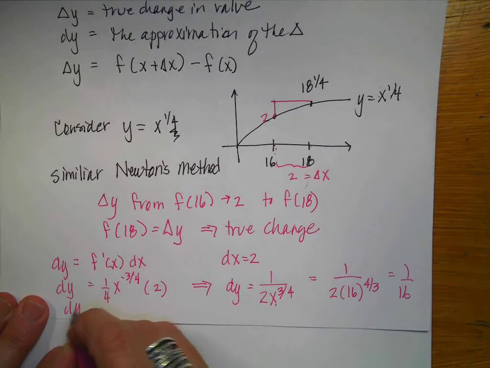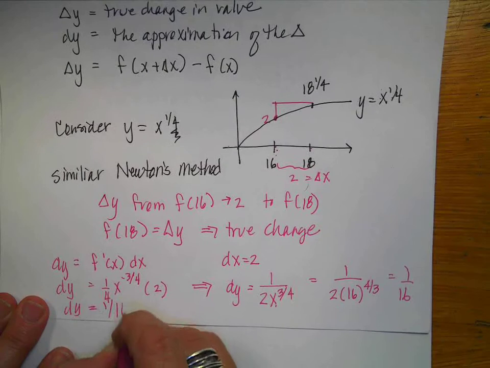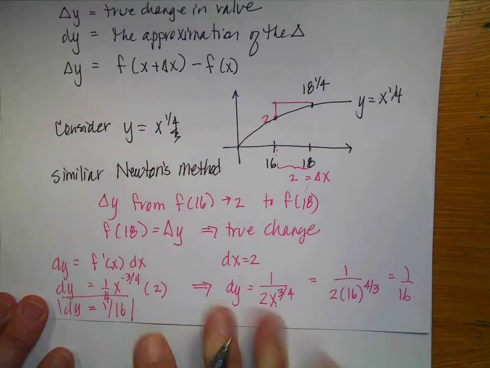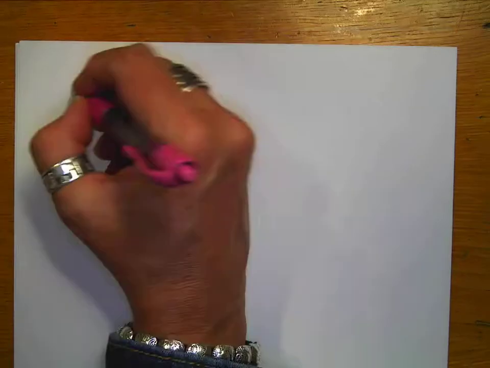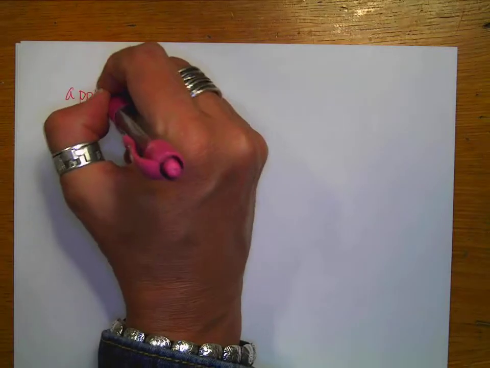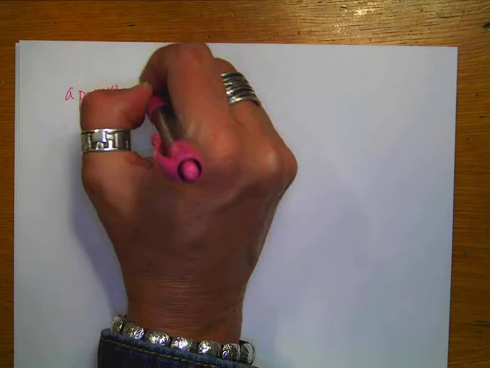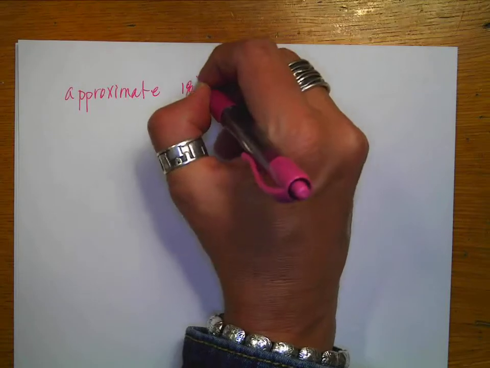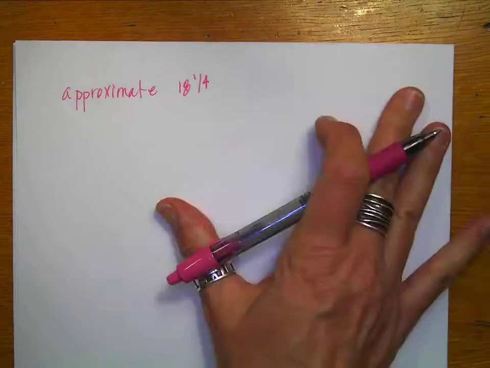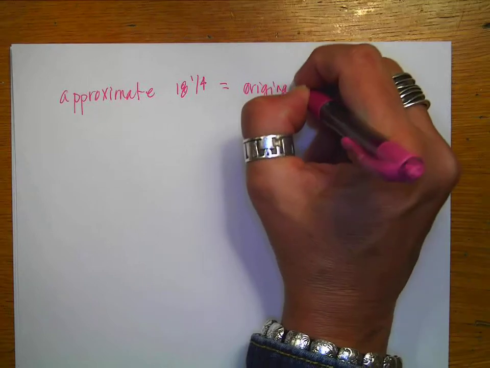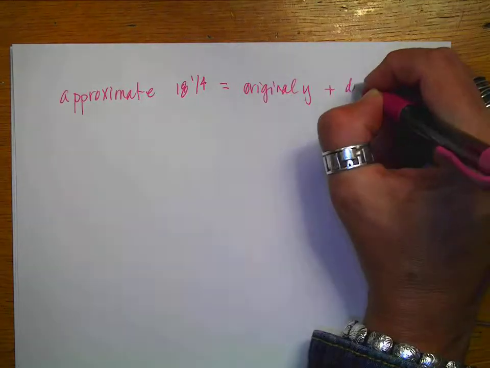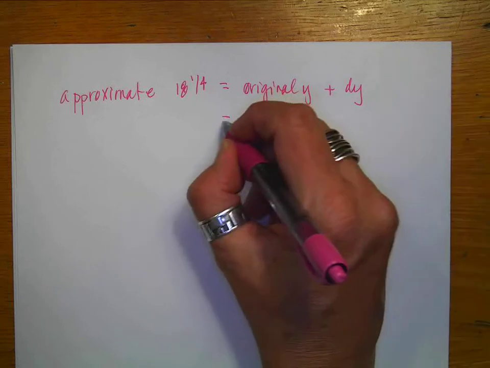So then I get that my dy is equal to 1 over 16. I put a little box around that so it's right at the bottom of the page. So if I want to approximate 18 raised to the 1/4, it's going to be the original y plus my dy.